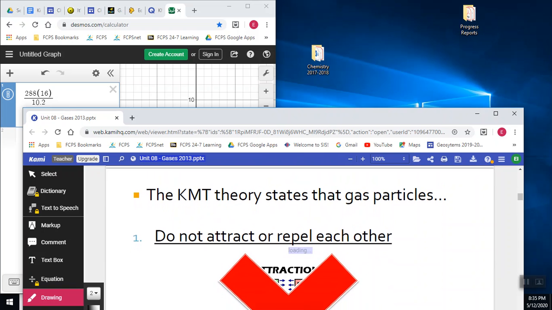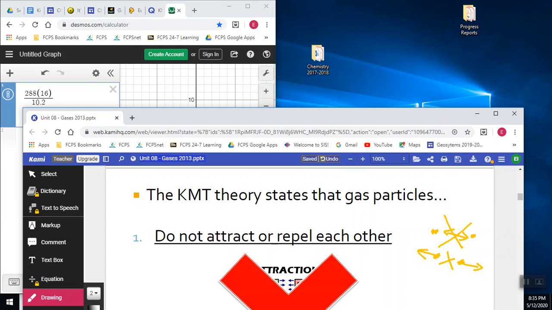Well, number one, they do not attract or repel. So here's a particle, here's a particle. There is attraction, and this says no, they do not attract. Repel means they go opposite each other, like magnets that you try to squeeze together and they won't go together. So they don't repel.